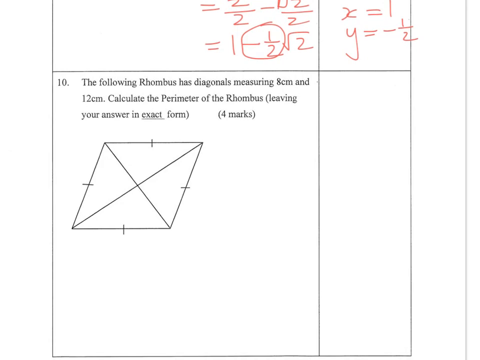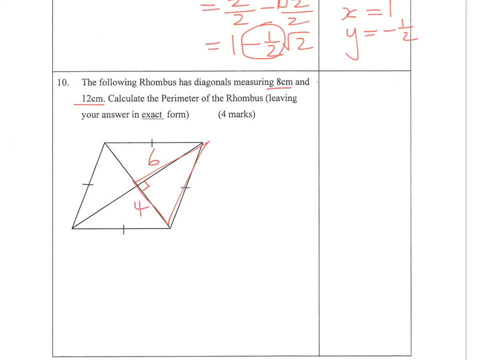Now, diagonals measure 8 and 12, so therefore with a rhombus, you should know the diagonals meet at 90 degrees, so we only care about this right angle triangle, so that would mean that this has to be 6, because it's half of 12, and this has to be 4.